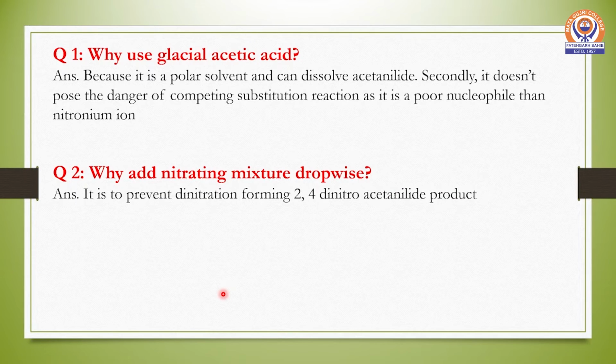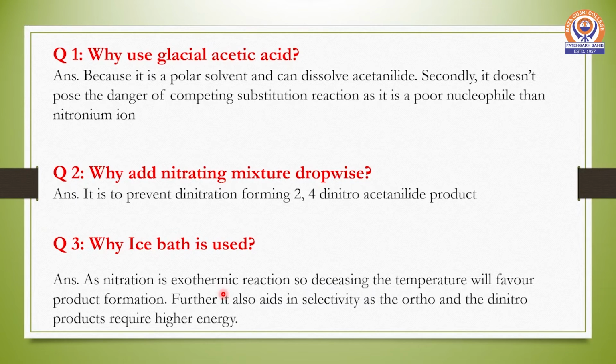It is to prevent dinitration forming the 2,4-dinitroacetanilide product. Why do we use an ice bath? Because nitration is an exothermic reaction, so decreasing the temperature will favor product formation. Further, it also aids in selectivity, as the ortho and the dinitro products require higher energy, so the use of the ice bath is going to favor the synthesis of the para-nitroacetanilide product.